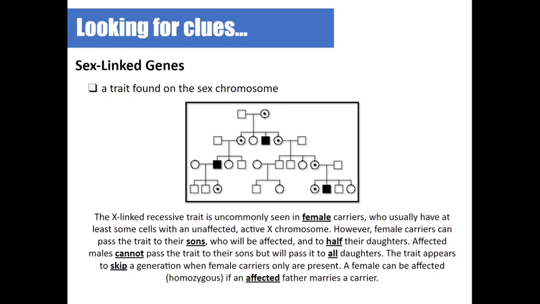However, female carriers can pass the trait to their sons, who will be affected, and to half their daughters. Affected males cannot pass the trait to their sons, but will pass it to all of their daughters. So the trait appears to skip a generation when only female carriers are present. A female can be affected, which is homozygous, if an affected father marries a carrier.